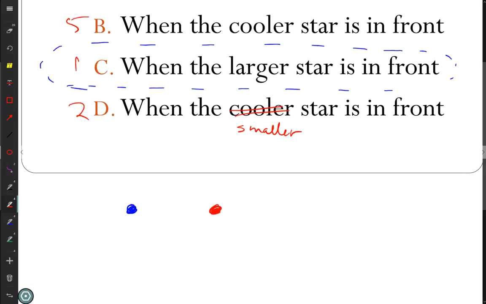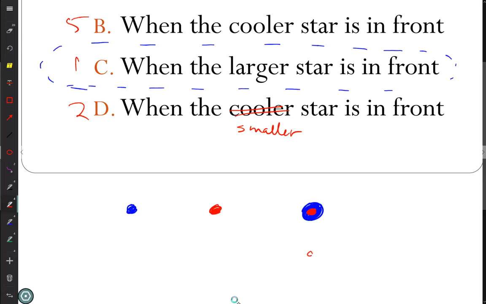Based on the colors, which one of these is the hot star? The blue one, okay? So at this point, we're going to have the light coming from both stars. But when they eclipse, let's say the blue one's the bigger one. So here's the blue one in back and the red one in front.